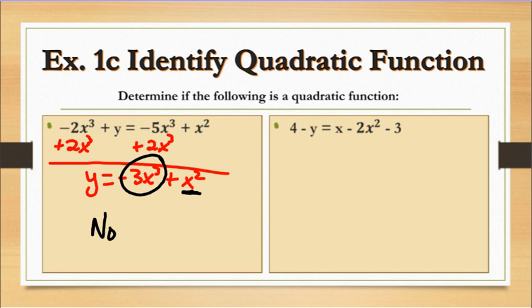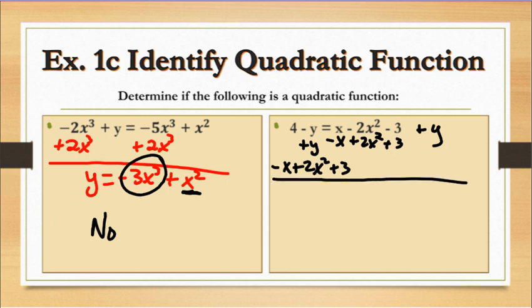Next one, we need to get y by itself. So I'm going to add y to both sides, so I make my y positive. That means I need to subtract the x, add 2x squared, and add 3 to both sides. So let me do that. Minus x plus 2x squared plus 3.